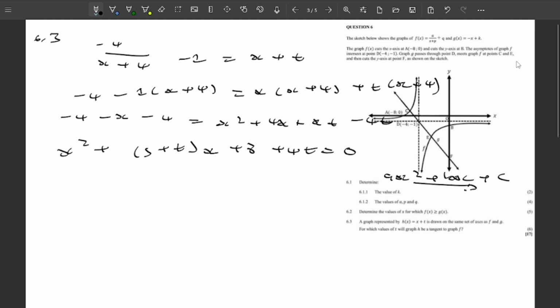Yes. So from there on, I'm going to use the discriminant b² − 4ac equals 0. The reason why I'm using it is because at the point of the tangent, let me draw it here and stop explaining, at the point of the tangent where the graph touches, these are real equal roots, so I'm looking for the roots.